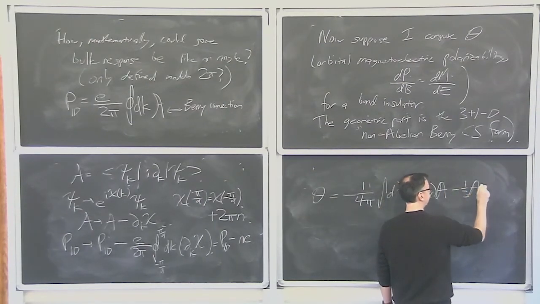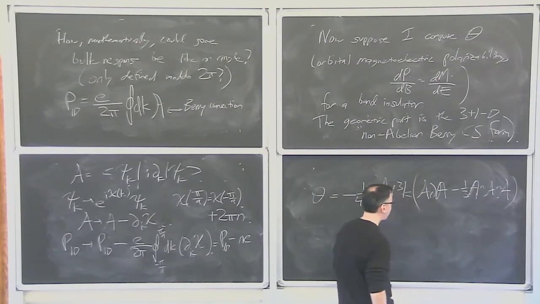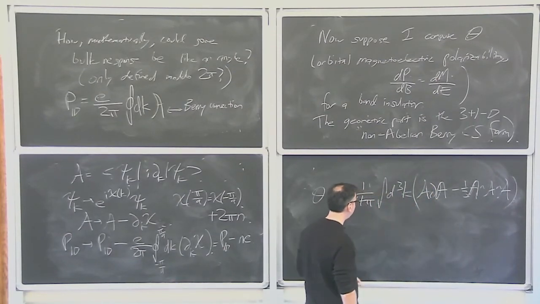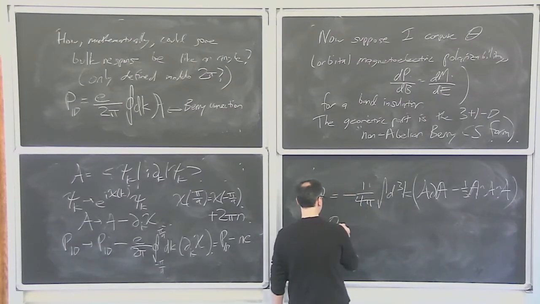Sorry. So the only special thing about this object is that if I took the derivative, I would get f wedge f. But now there are gauge transformations in 3D that will shift this by 2 pi.